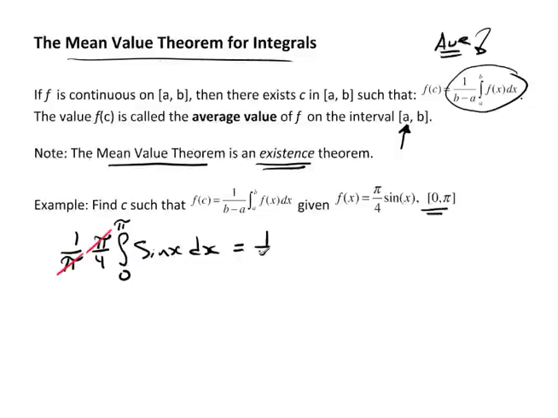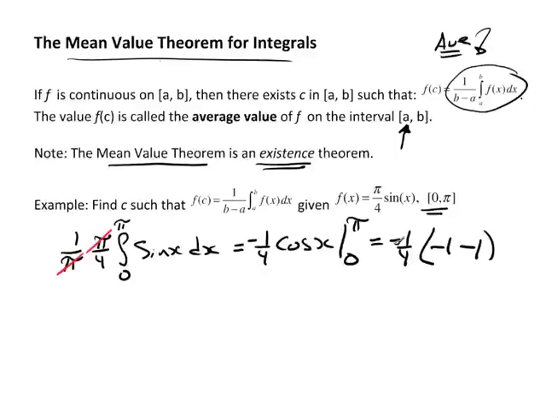So now I can integrate this. This would be 1/4. I'm going to make that a negative because the antiderivative is a negative cosine, so I just pulled the negative out. So negative 1/4 cosine of x evaluated from 0 to pi. Well, that's going to be negative 1/4 times cosine of pi, which is negative 1, minus cosine of 0, which is 1.